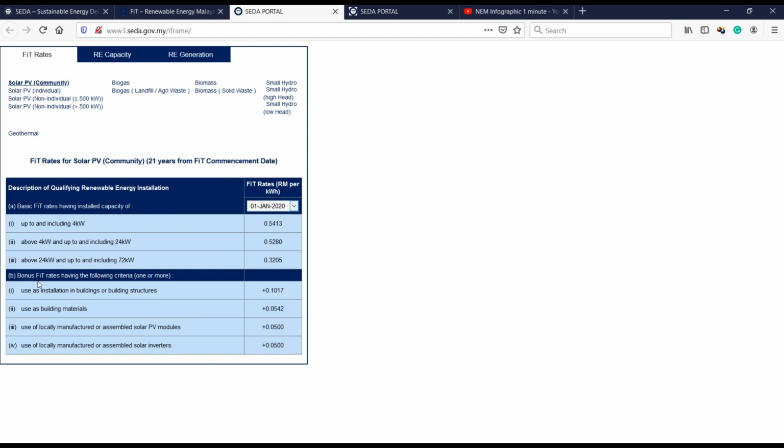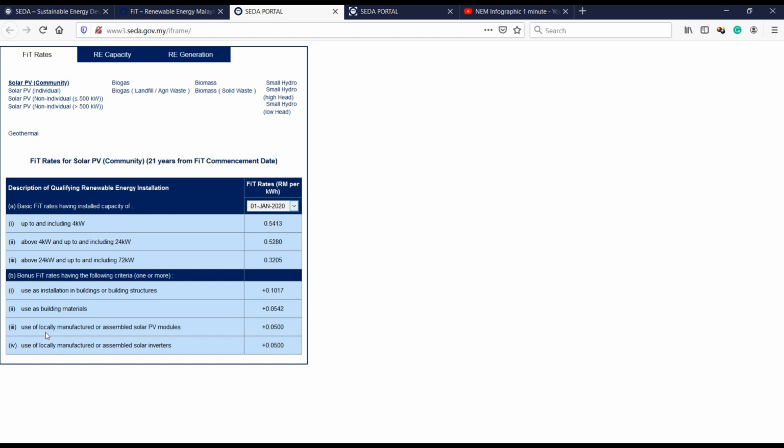You have the bonus FIT rate if you have one or more of the following criteria. Number one, used as installation in buildings or building structure. For example, you install the PV module on the rooftop, so you get extra plus 0.10 ringgit Malaysia per kilowatt hour, about 10 cents. Number two, used as a building material. For example, you replace your roof tile with the PV module, so you will get extra plus 0.052.